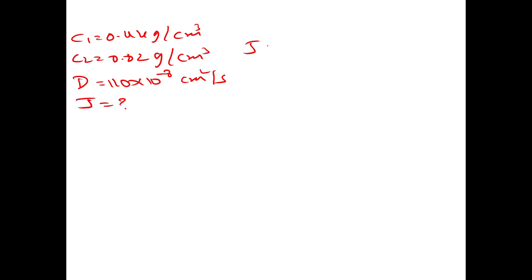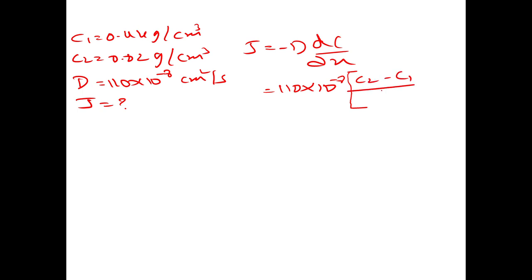From Fick's first law, considering we have a steady state, we have J equals minus D times C2 minus C1 divided by x2 minus x1.